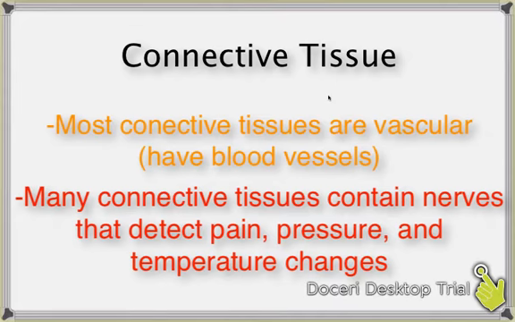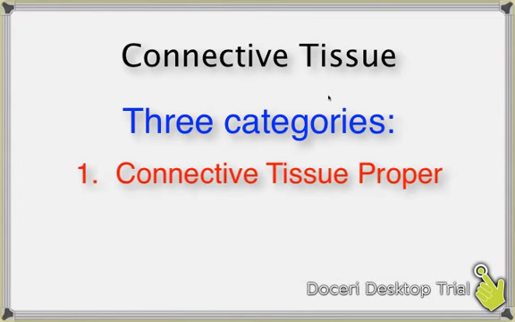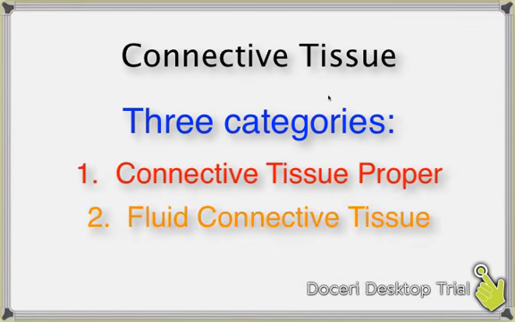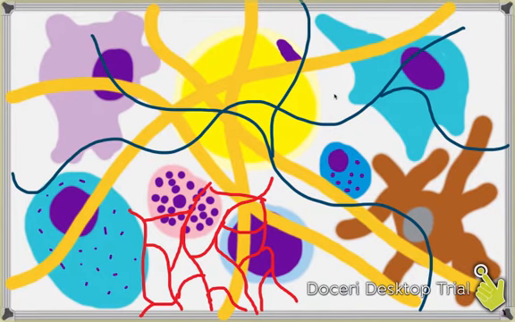There are 3 general categories of connective tissues: connective tissue proper, fluid connective tissue, and supporting connective tissue. In this segment, we will concentrate on connective tissue proper. Connective tissue proper contains a syrupy, viscous ground substance with up to 3 different types of extracellular proteins and a variety of specialized cells.